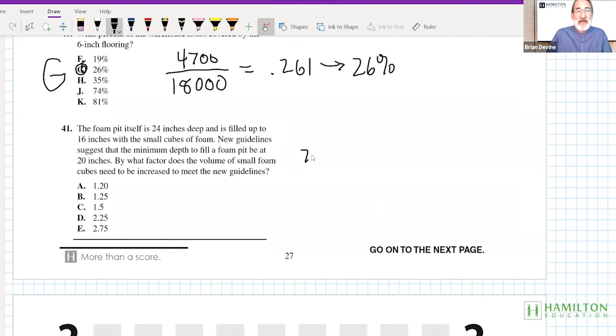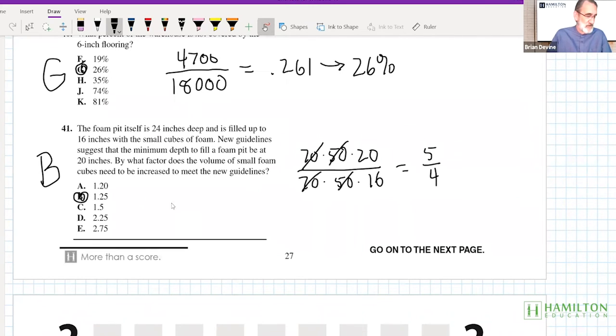So I would have 70 times 50 times 20 would be the new volume, and I divide that by the old volume, 70 times 50 times 16. And we can see right away it would just be the ratio 20 to 16, which is going to be 5/4, which as a decimal is 1 1/4.